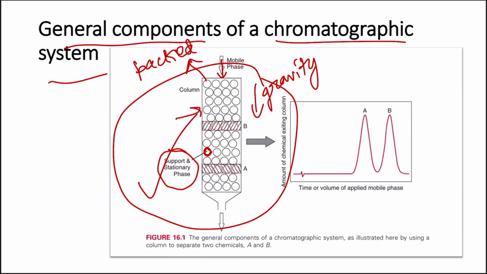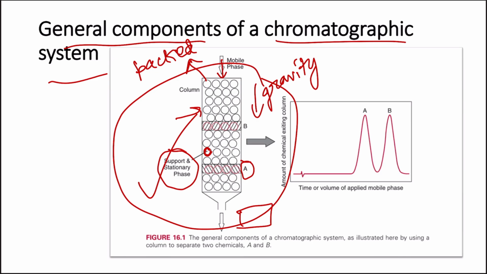That's why it forms in the earlier part, and in the later part you can see another component, that is A, representing another band. This is the component which has less interaction with the stationary phase, and hence it moved with the mobile phase for a longer distance. Then all these components will take some time to come out of this column, and they will be detected with the help of a detector which is present here.